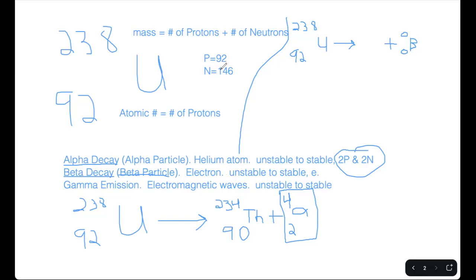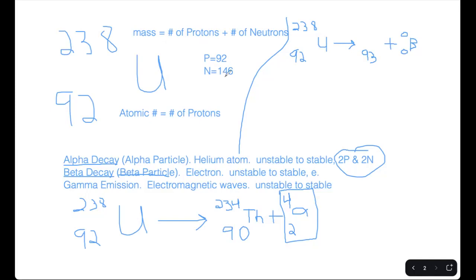So what we should see is the number of neutrons is going to go down and the number of protons is going to go up. So we are going to go from 92 and change it to 93. Remember, one of the neutrons is going to change into a proton. So we're going to see an increase of protons, just one.